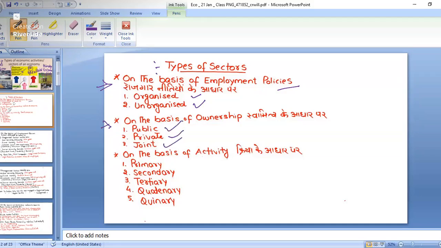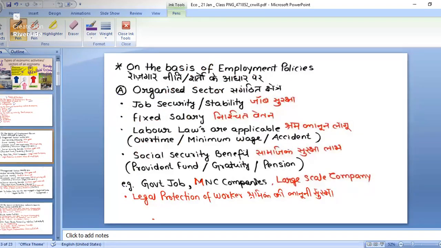On the basis of activity, we have five types: primary, secondary, tertiary, quaternary, and quinary. First, in today's class, we will see the sectors on the basis of employment policies.